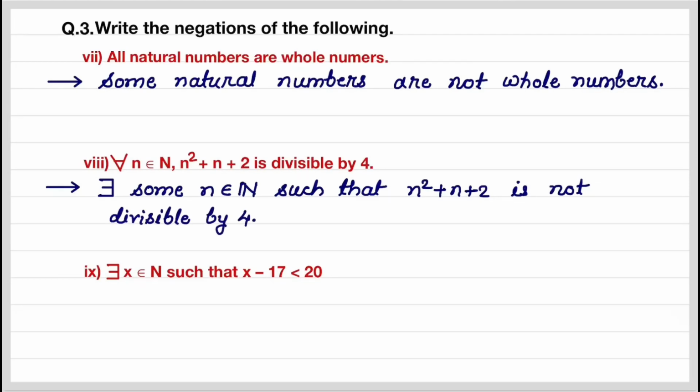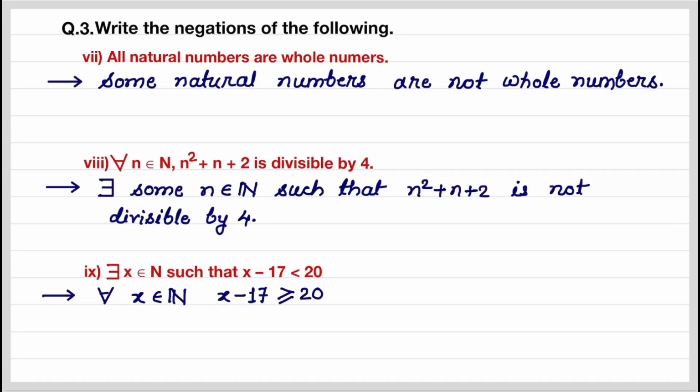Last sub question of question number 3. Ninth example. There exists x belonging to N such that x minus 17 is less than 20. Here the quantifier used is there exists. So it is replaced by for every. For every x belonging to N, x minus 17 is greater than or equal to 20.